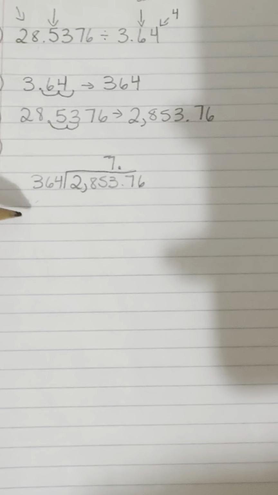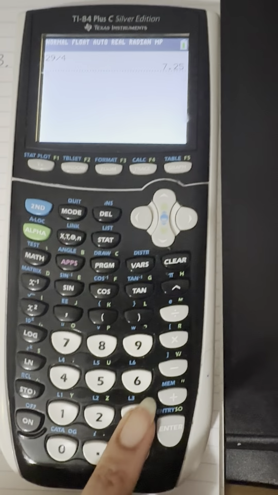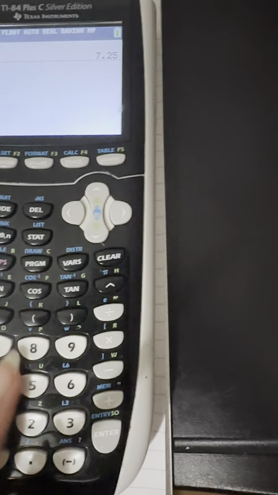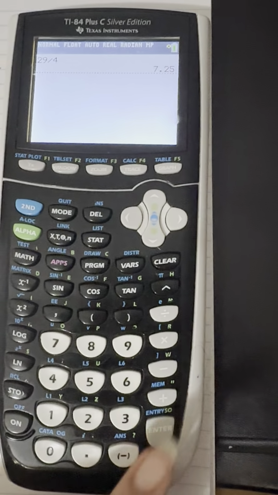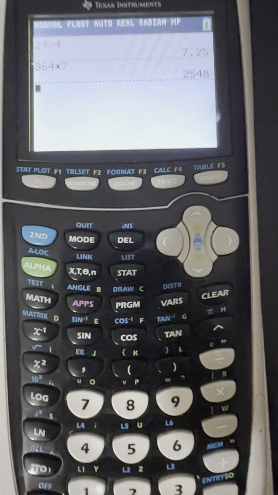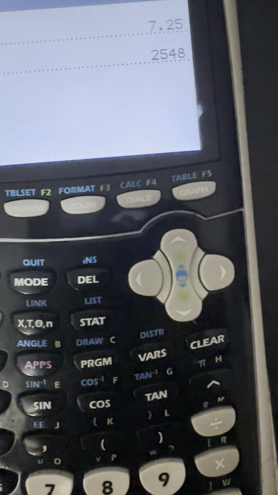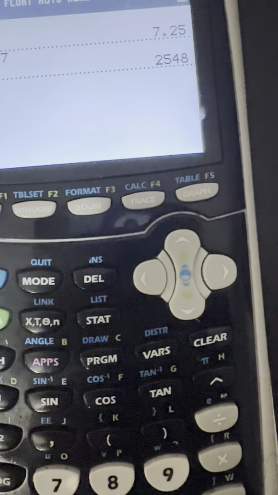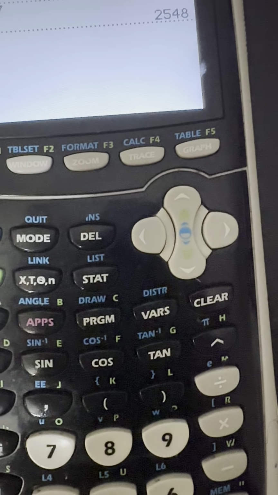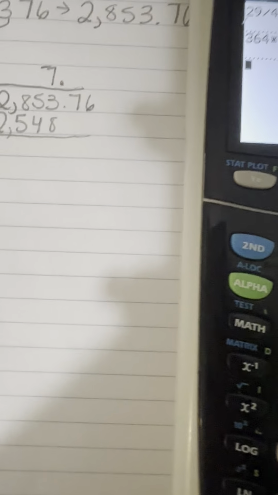So we have 7 times 364, which we will put in our handy dandy calculator. And that's 2,548. We are just going to subtract that.